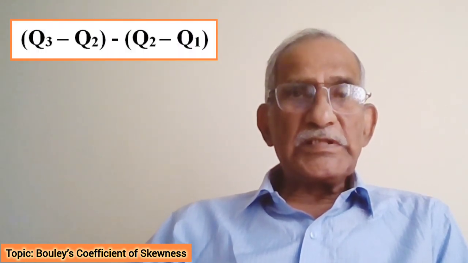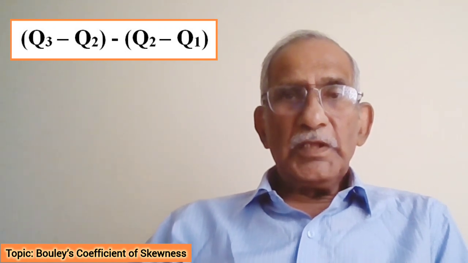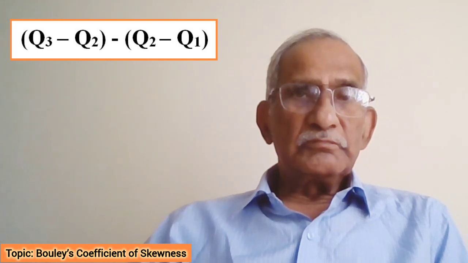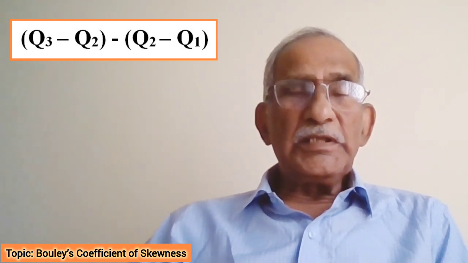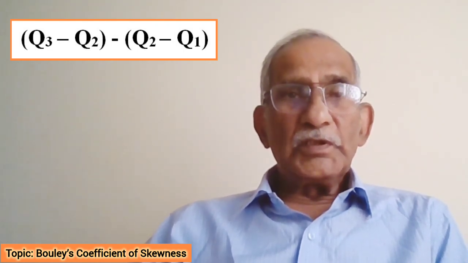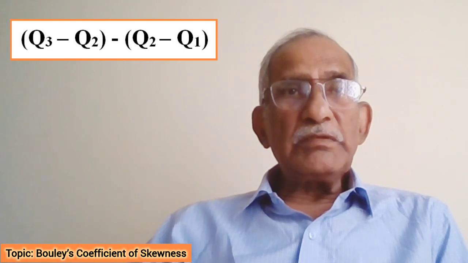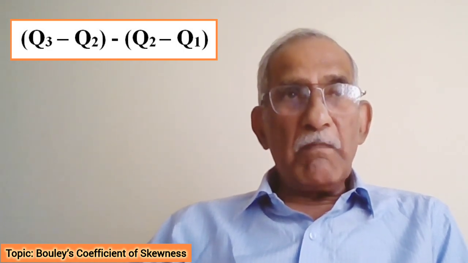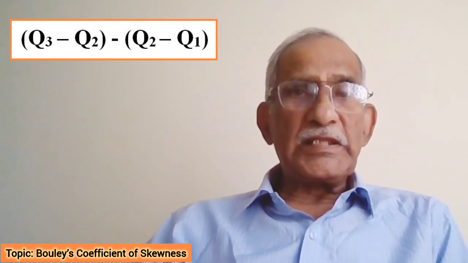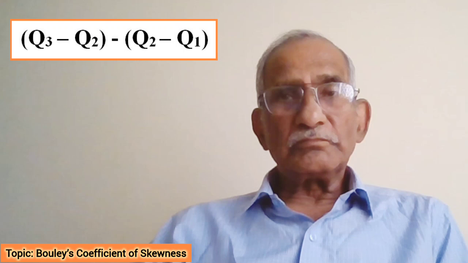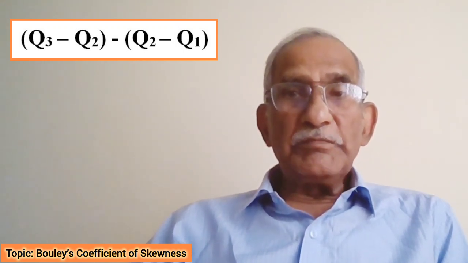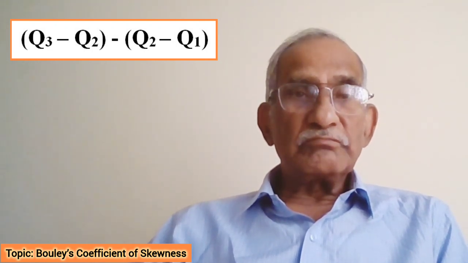If these differences are not the same, it means that there is departure from symmetry. In other words, there is skewness in the distribution. Thus, (Q3 minus Q2) minus (Q2 minus Q1) can be taken as a measure of skewness. If it is 0, it means that there is no skewness.